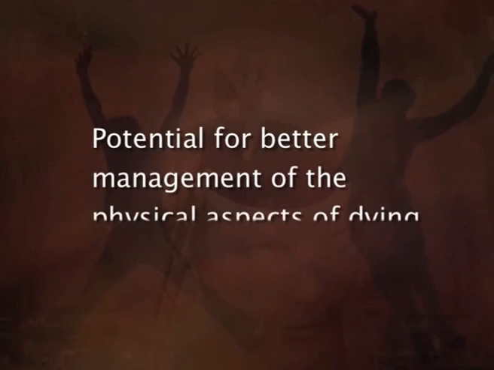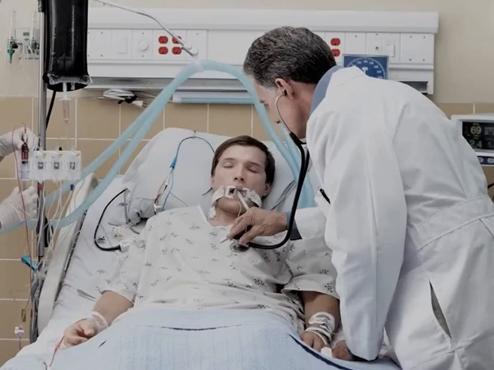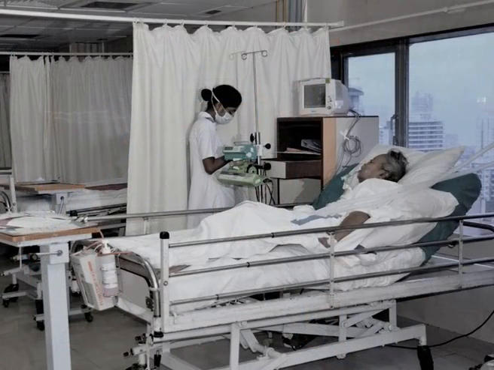And there are many issues that are involved in hospice, because some patients might want to die at home or some might decide to die in the nursing home. In the case of dying in a hospital, there is potential for better management of the physical aspects of dying, because a lot of medical equipment is available. As and when it is required, the medical staff can use that equipment.